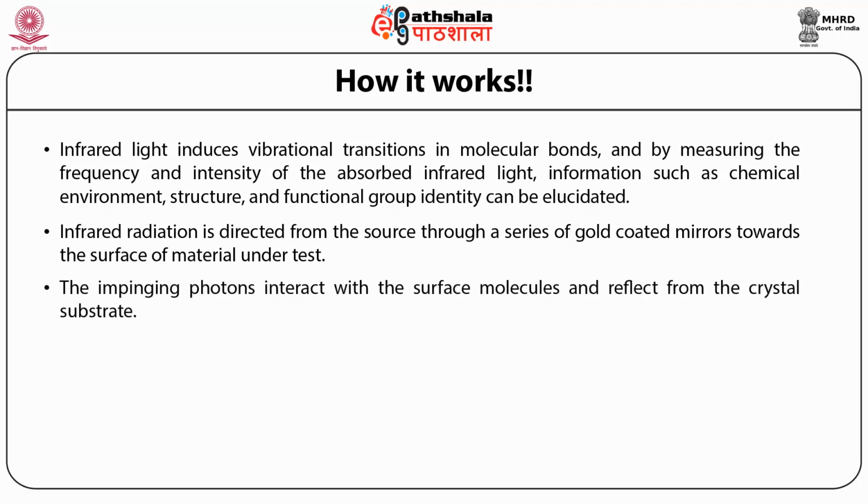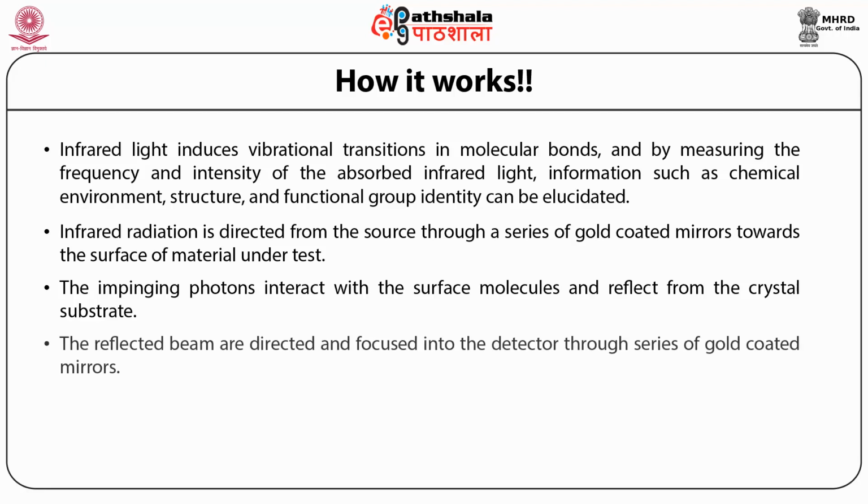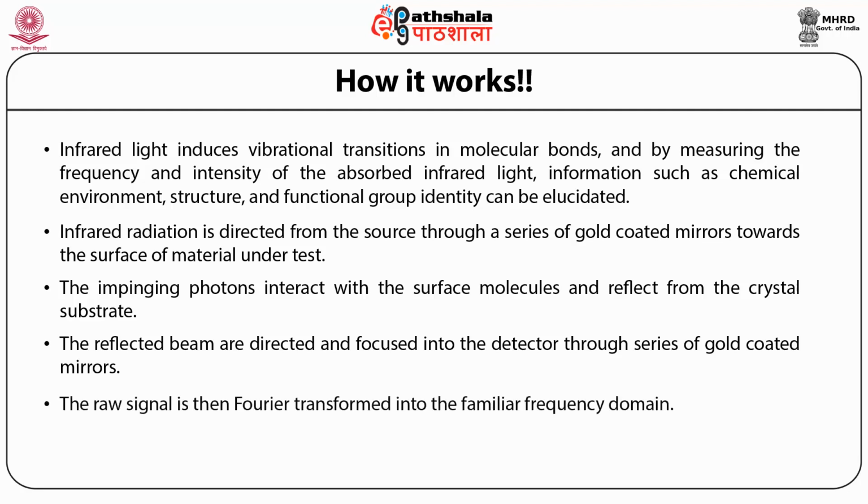The impinging photons interact with the surface molecules and reflect from the crystal substrate. The reflected beam is directed and focused into the detector through a series of gold-coated mirrors. The raw signal is then Fourier transformed into the familiar frequency domain.